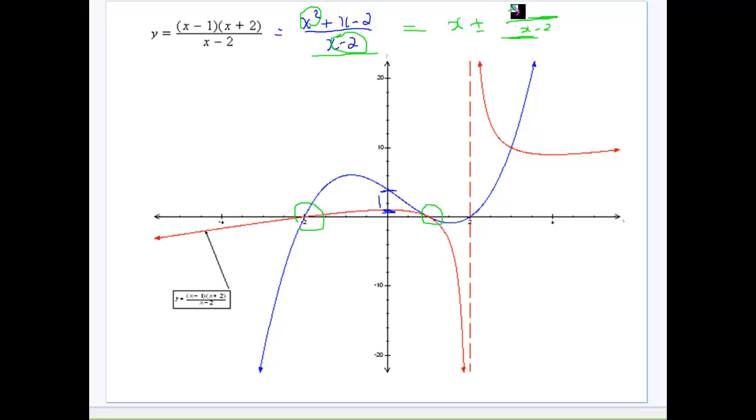Now, as it tends to infinity, that part would tend to 0, which means the function would tend to x. I didn't say it before, I probably should have, that this function will start to tend in each direction towards y is equal to x. It's a little bit harder to see because the scale's really weird here. So you'll get an oblique asymptote, because it goes towards y is equal to x.